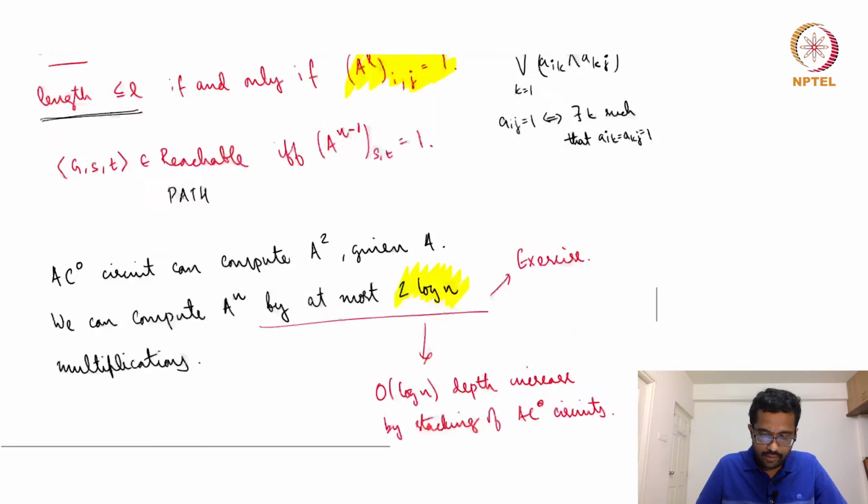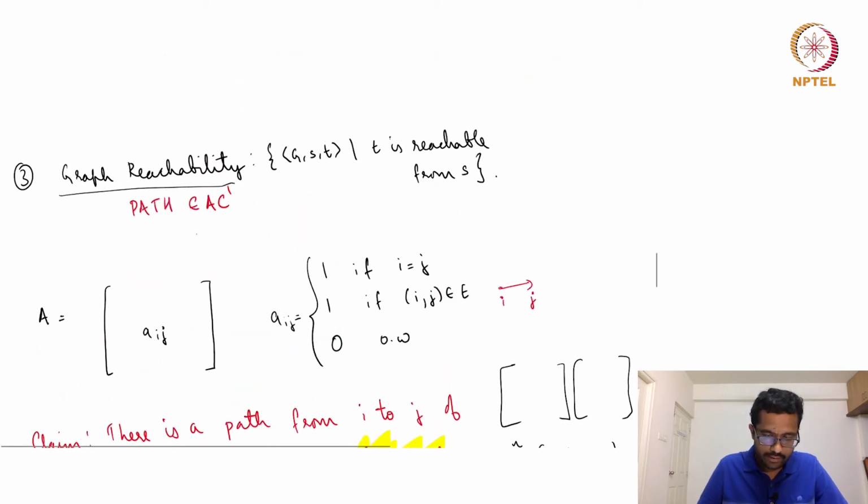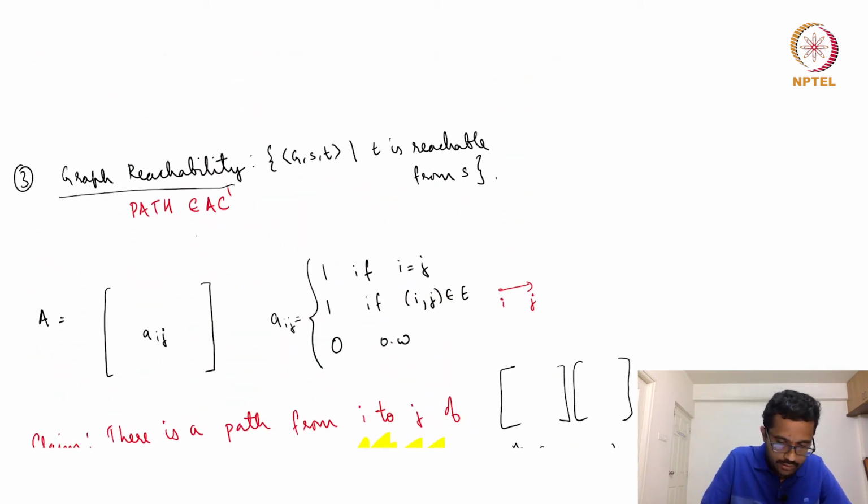And that gives us an AC1 circuit, and that is what we stated at the beginning. In fact, this also means that it is in NC2 because AC1 is contained in NC2.